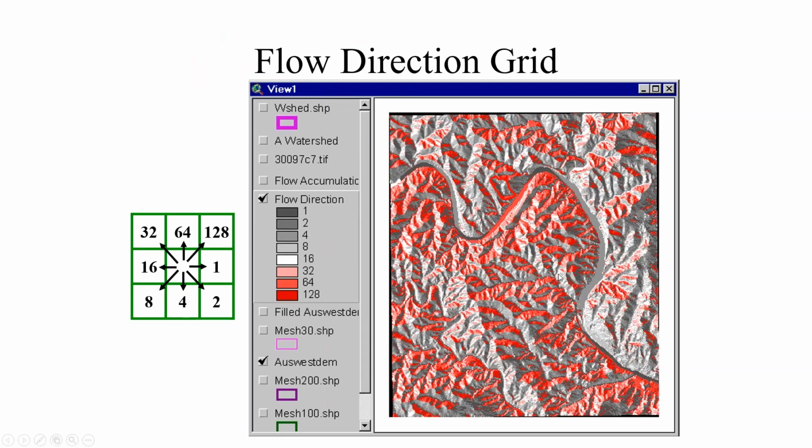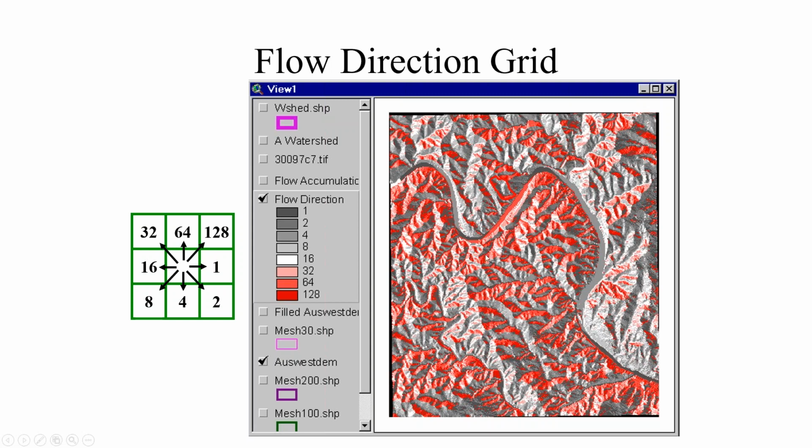And if you color encode that, you get something that's starting to tell you a little bit about the topography. You can see here the red shades are the north facing, and the gray shades are south facing based on that encoding.